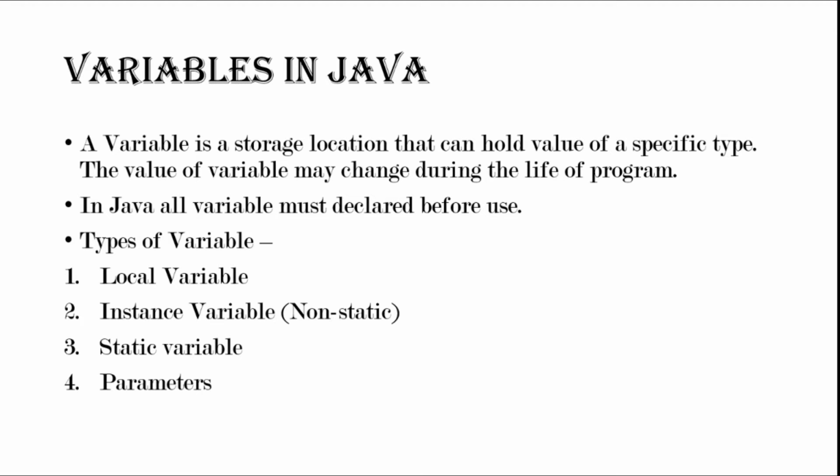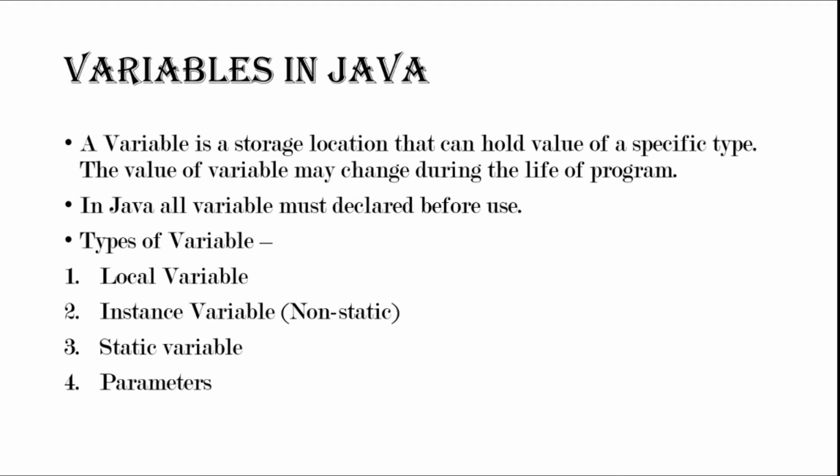The second one is the instance variable or non-static variable. We can define a non-static variable within a class but outside the block. The scope of this kind of variable is the whole class. We can access a non-static variable within a method or in our whole class.